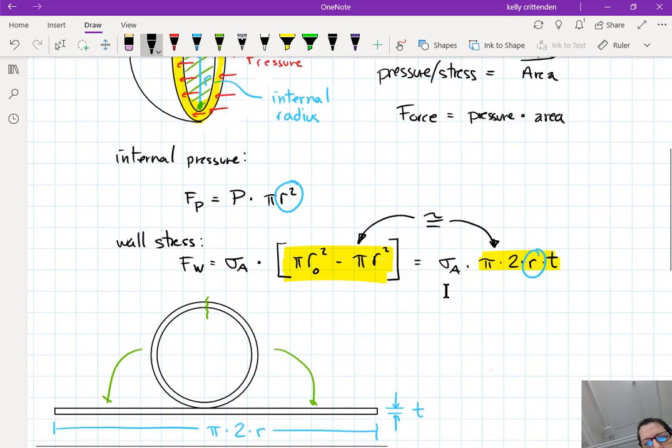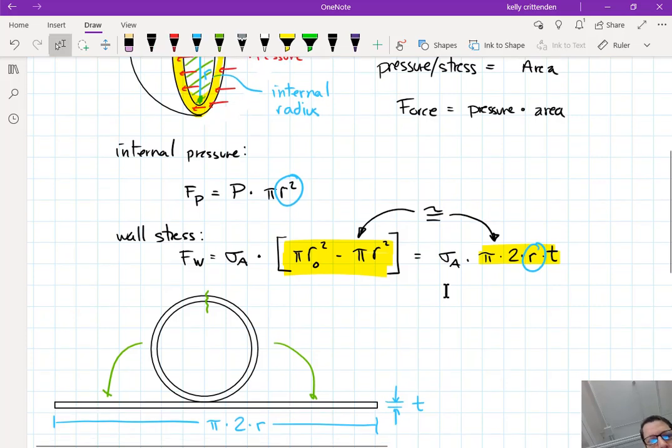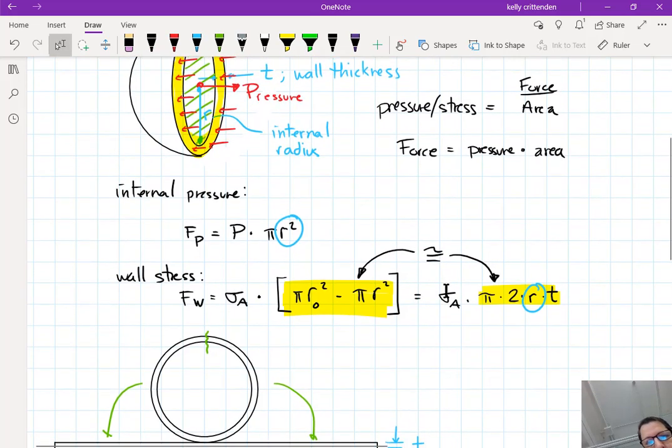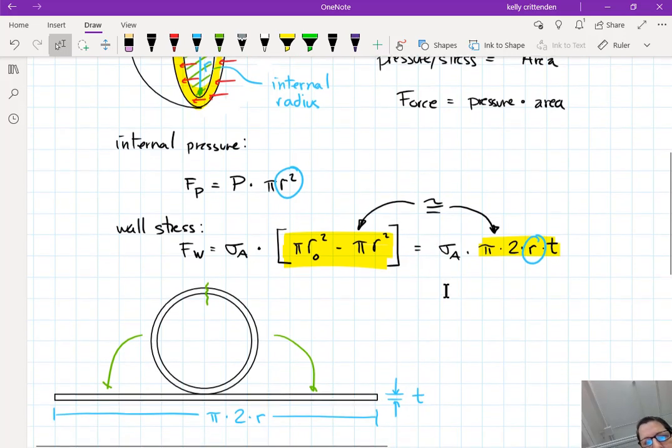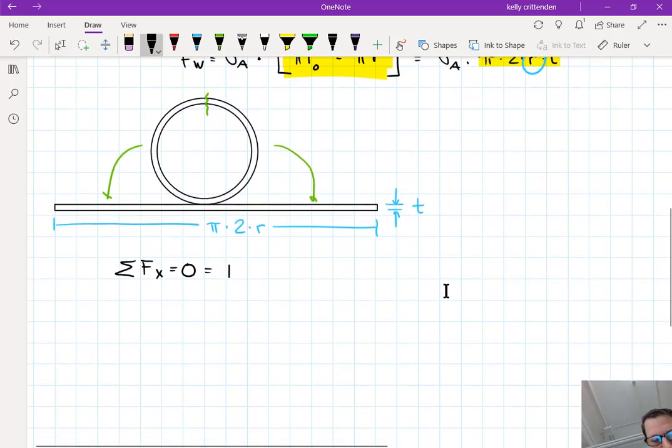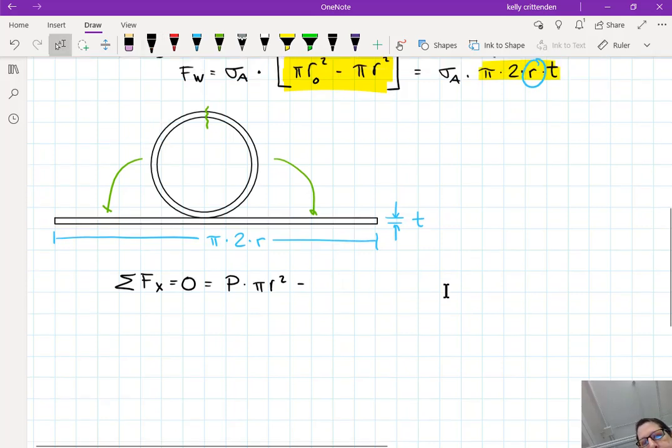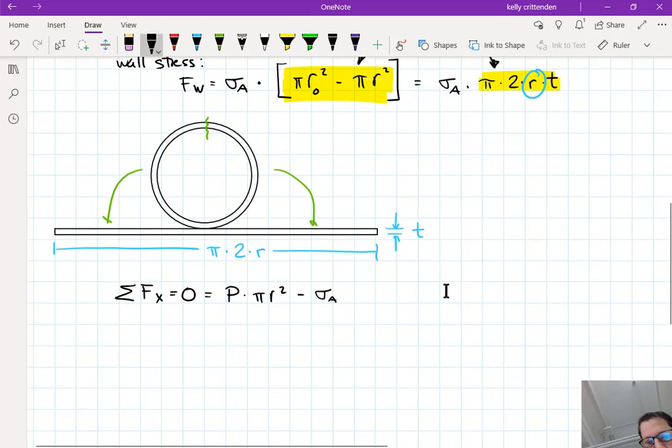I drew the internal pressure in my positive x. So P times pi r squared minus the force from the wall, which I said was sigma A times pi times 2 times r times t. Those two forces have to add to 0.